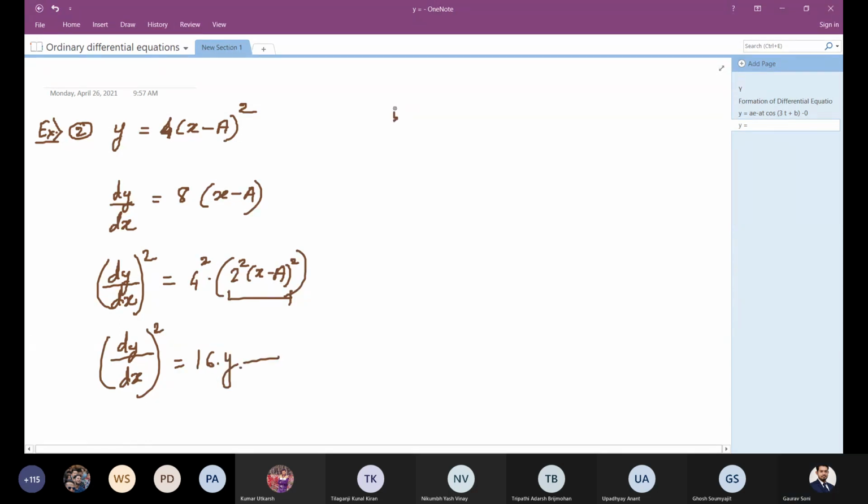Third. y is equal to ax square plus bx cube.